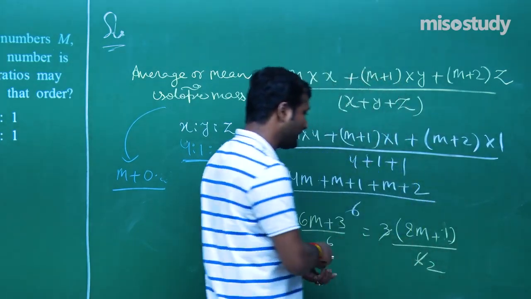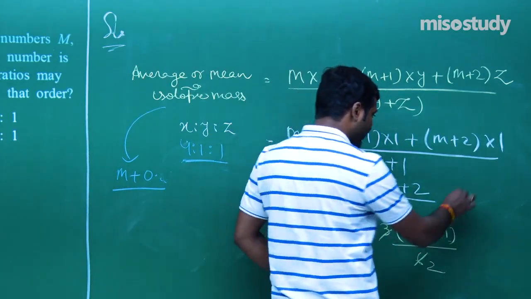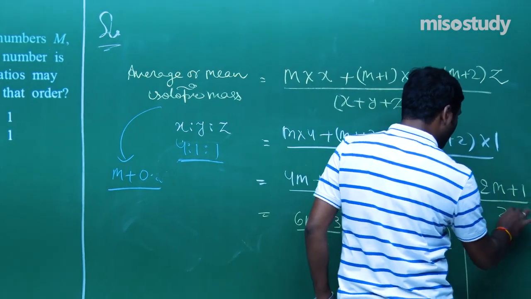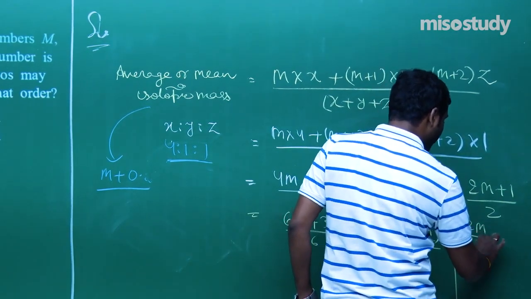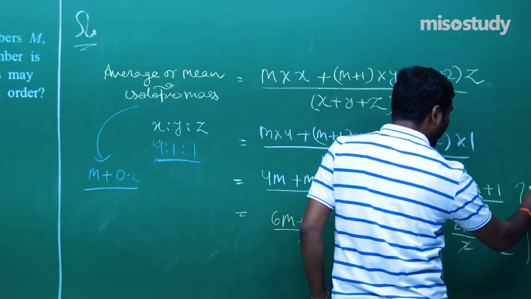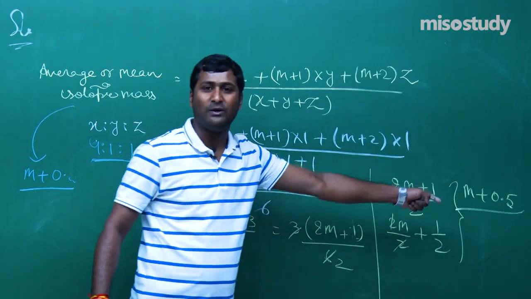We get 2m plus 1 divided by 2, that is 2m divided by 2 plus 1 by 2, that is m plus 0.5, my friend. Look at it, we get the answer.